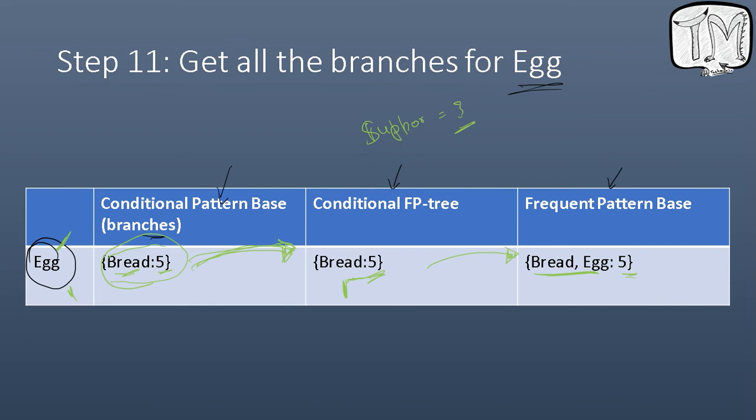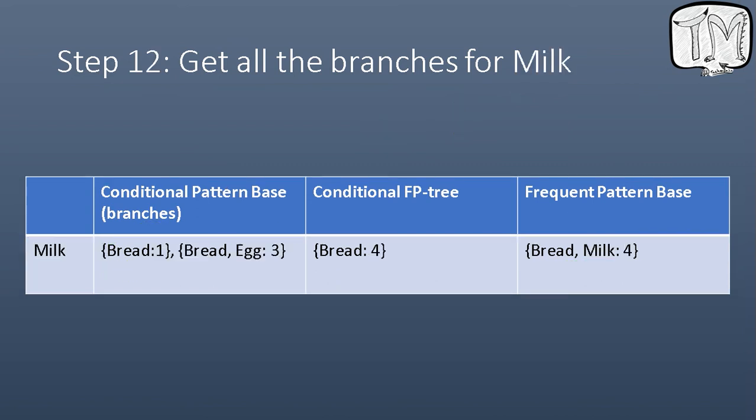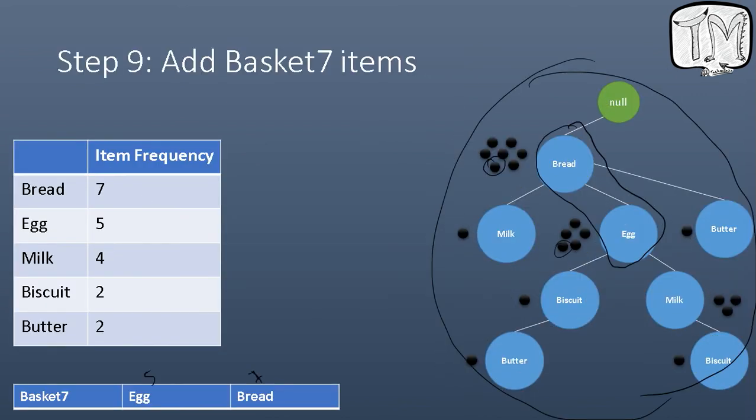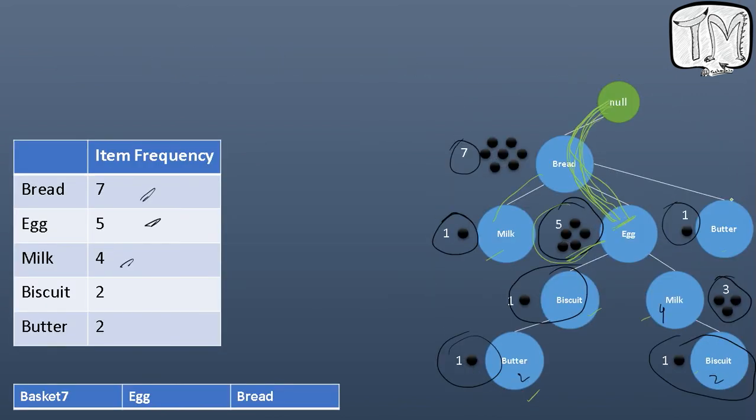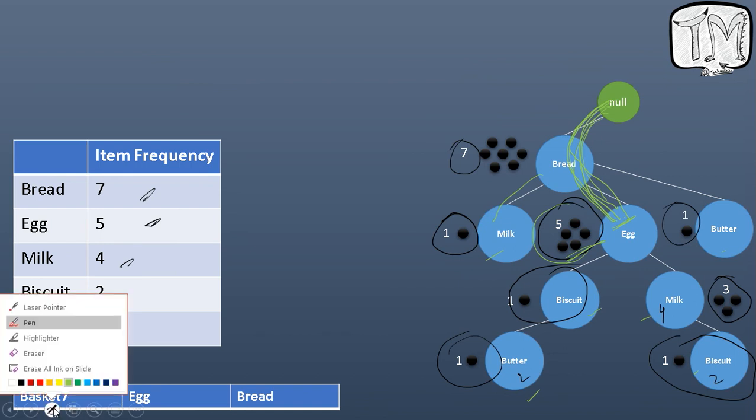It may not be 100% clear at this step, so let's look at another example, when we are creating the branches, or expanding the milk item set. Let's look first at all the branches which lead to milk. So as you can see, let me pick a color.